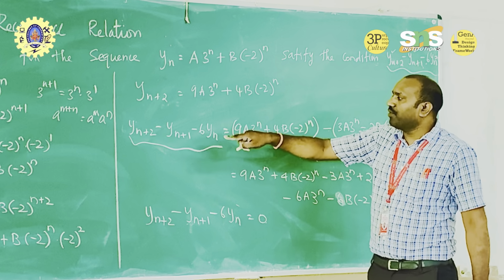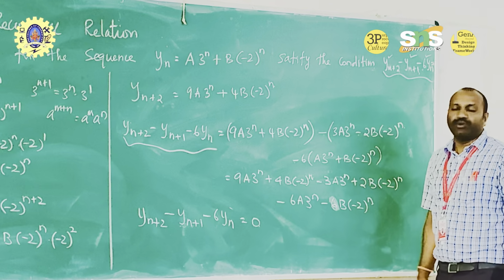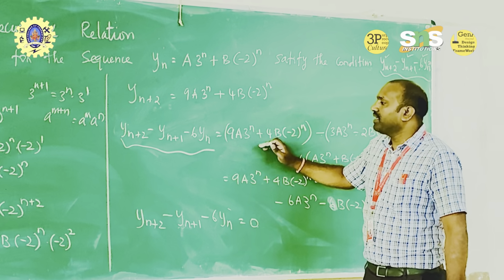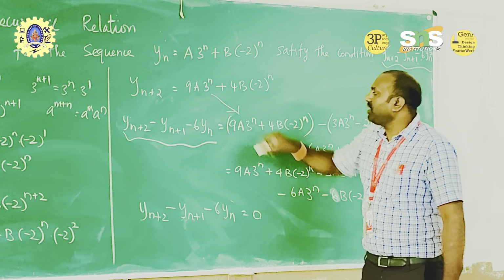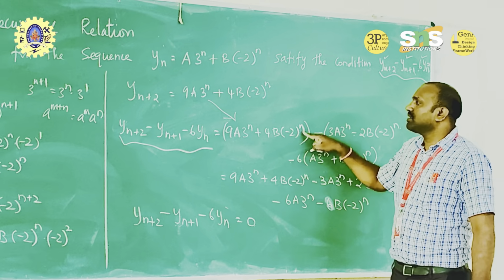Already we found the y(n+2) value, minus the y(n+1) value, minus 6 into yn, which is a·3^n + b·(-2)^n.